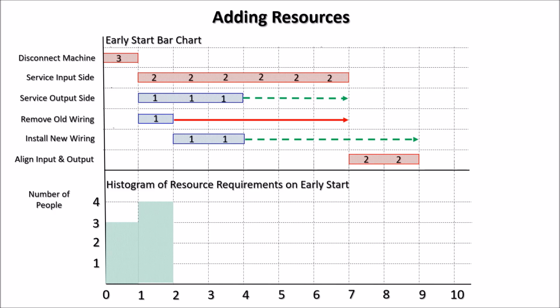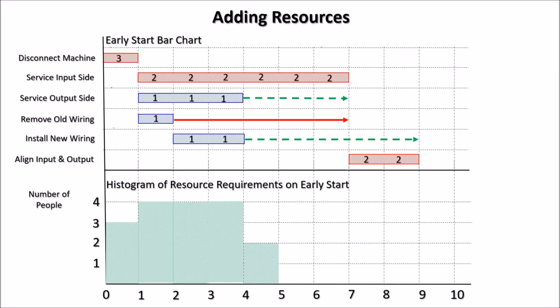Then we move to the next time slot, and again we need 4. And we move to the next time slot, and again we need 4. Moving to the next time slot, we see there is only one activity going on there, and that is the servicing of the input side, which only requires 2 people.